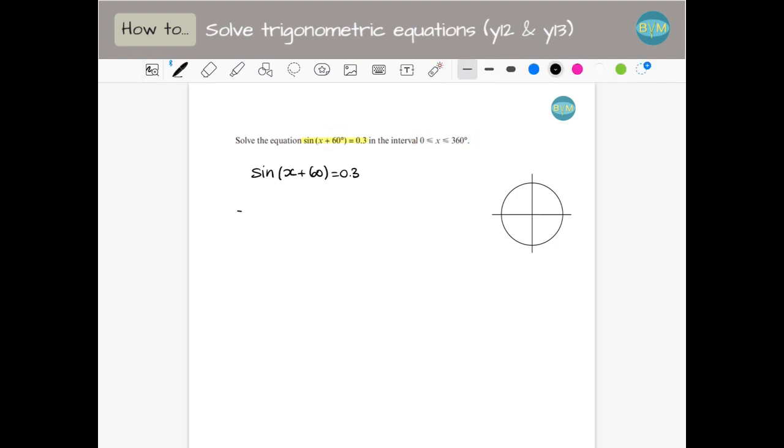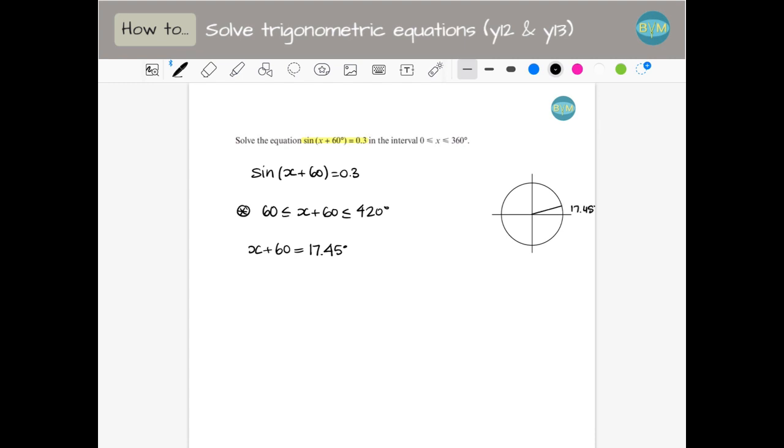So your new interval is going to be between 60 and 360 plus 60, which is 420, because you are looking for solutions for x plus 60 really. You go to a calculator, do sine minus 1 of 0.3, and the first solution for x plus 60 is 17.45 degrees, which is here.